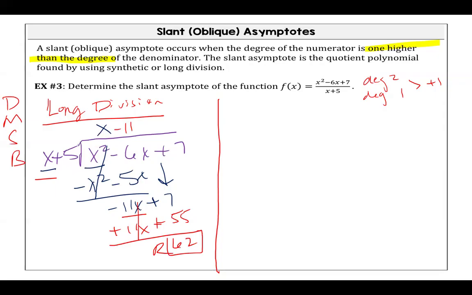All we need is the x minus 11. And that is your slant asymptote. So our slant asymptote, our SA, is at y equals x minus 11. That's beautiful.